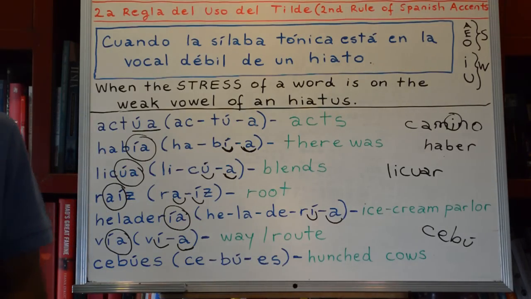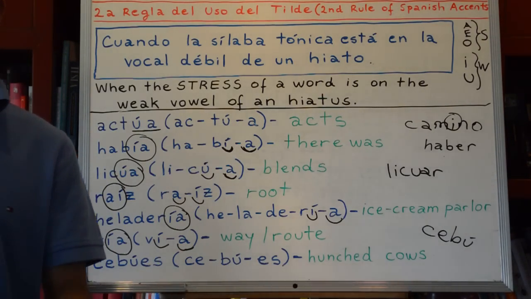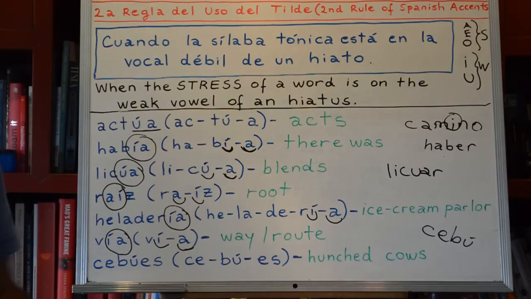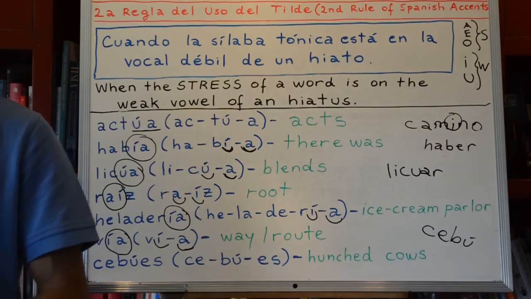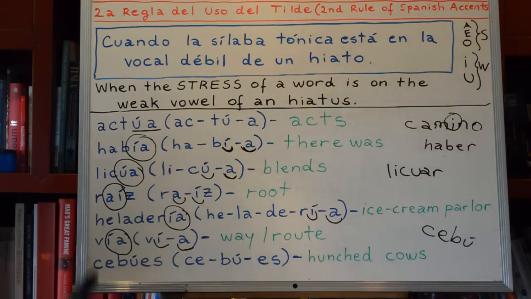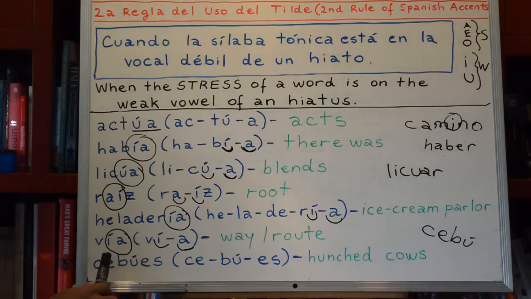Okay, it's not the Hereford type of cow or the Aberdeen Angus. It's the hunched cow, right? That is very typical from tropical climates. That hunched cow is called cebú. And the plural for cebú is sebúes.